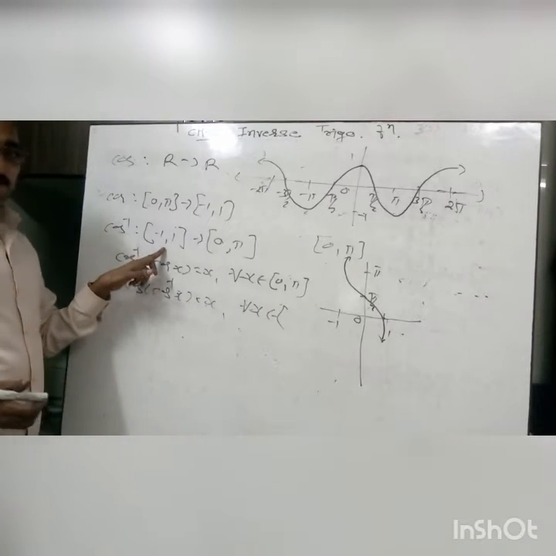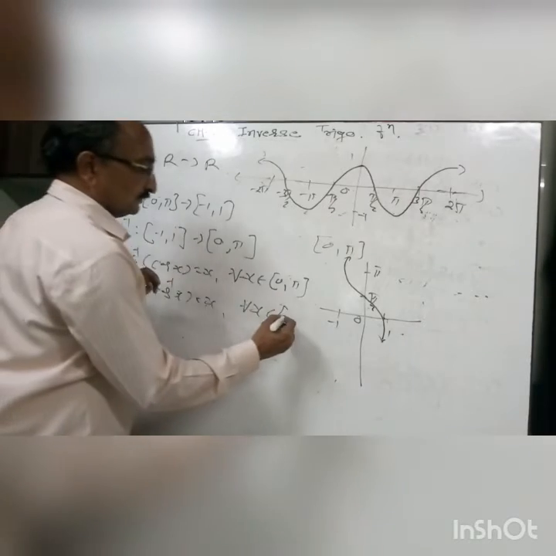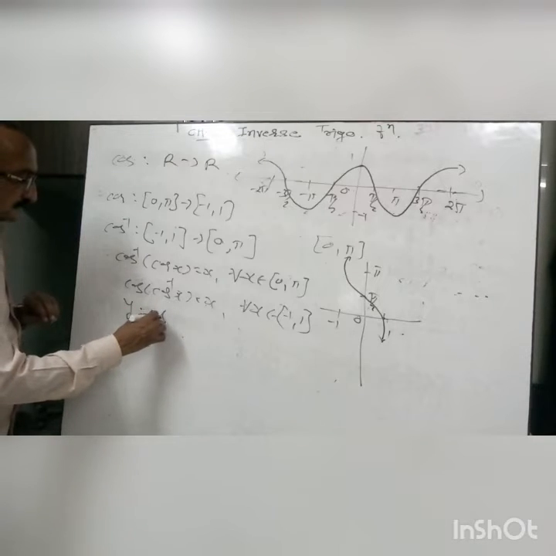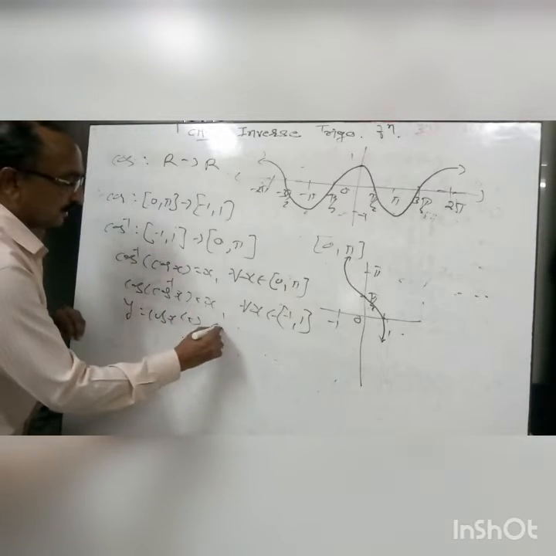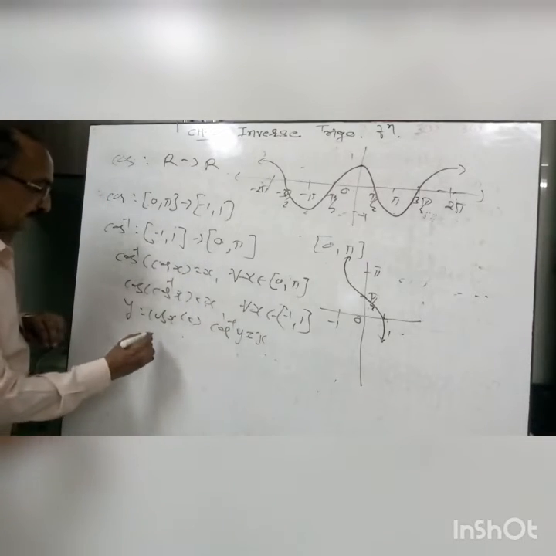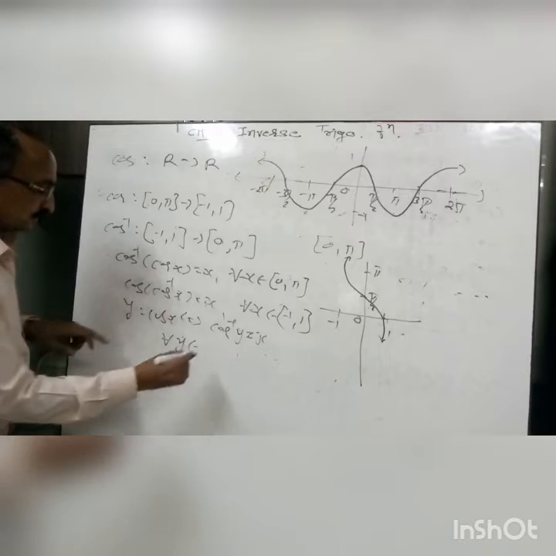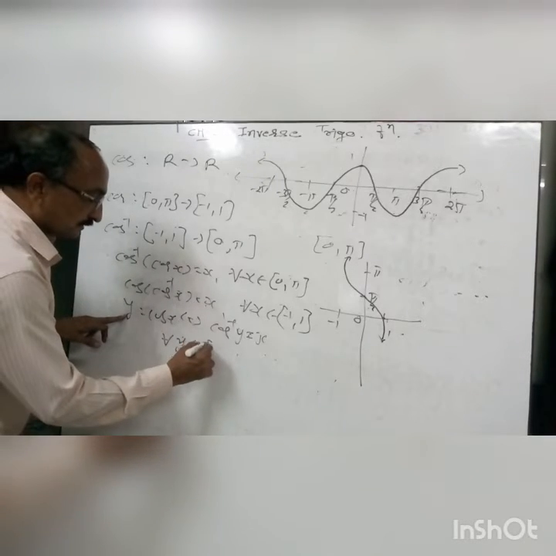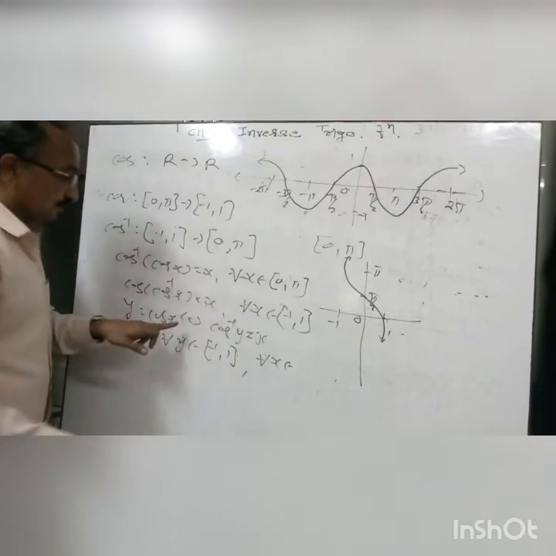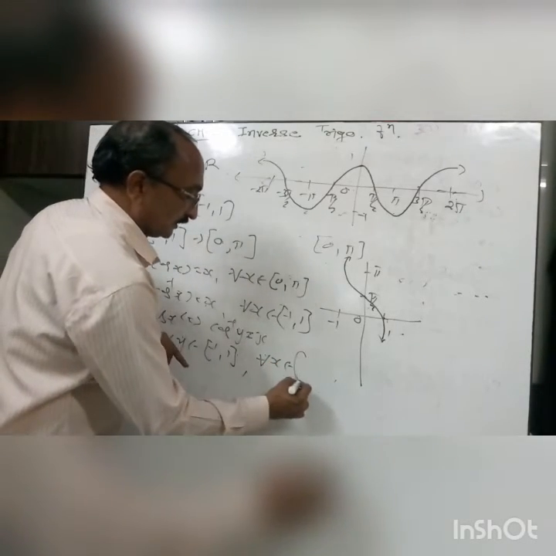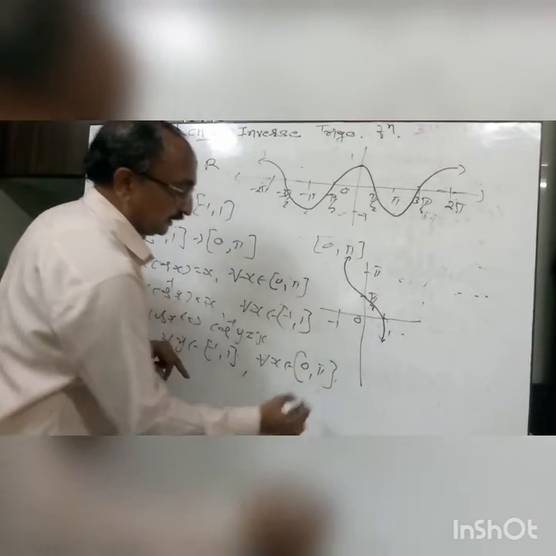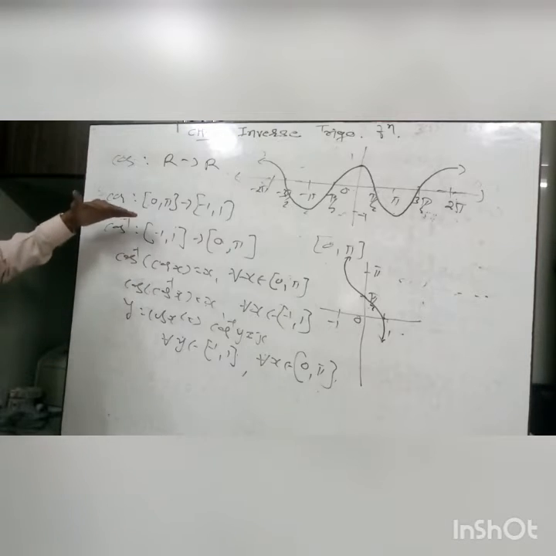The domain of the cos inverse function is closed minus 1 to 1. And y is equal to cos x if and only if cos inverse y is equal to x, for all y belongs to the range of the cos function, closed minus 1 to 1, and for all x belongs to the domain of the cos function, here closed 0 to pi. Clear this? So remember this here.